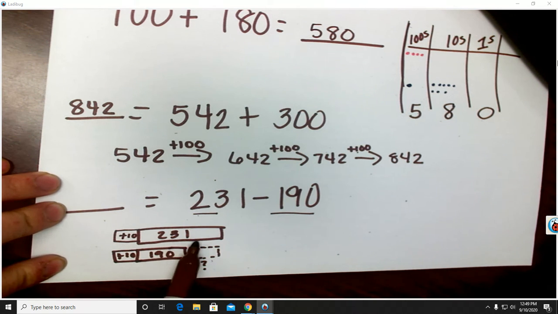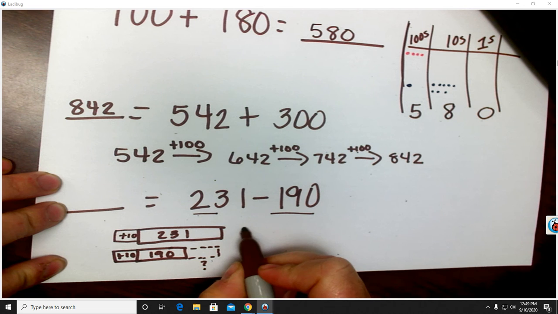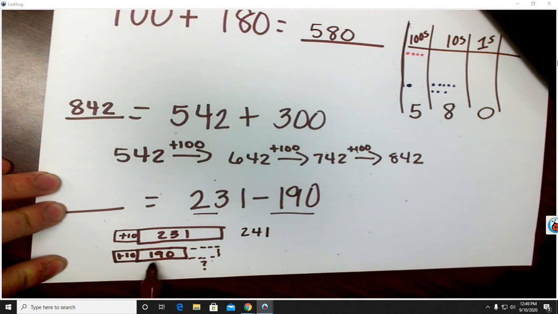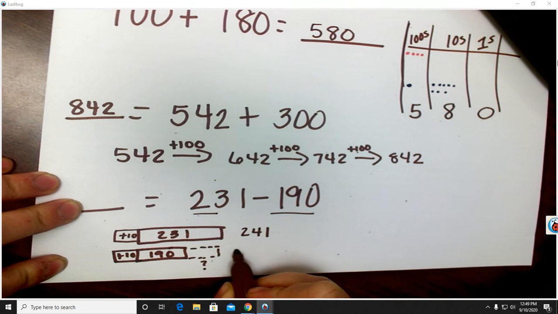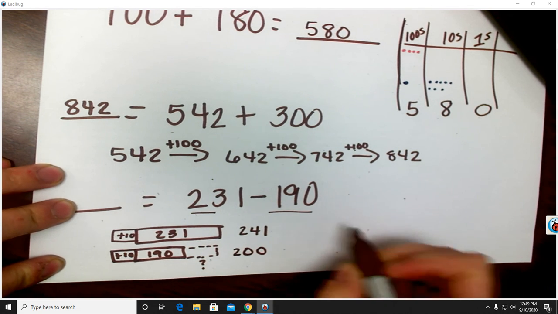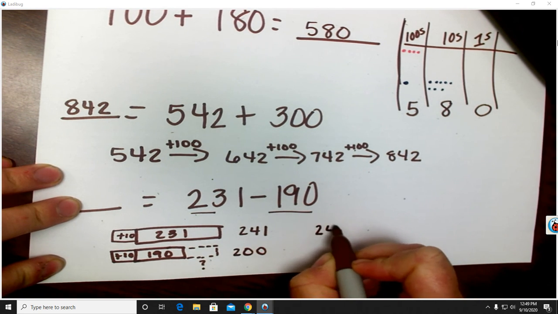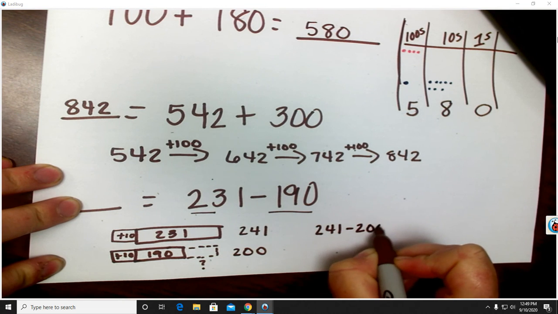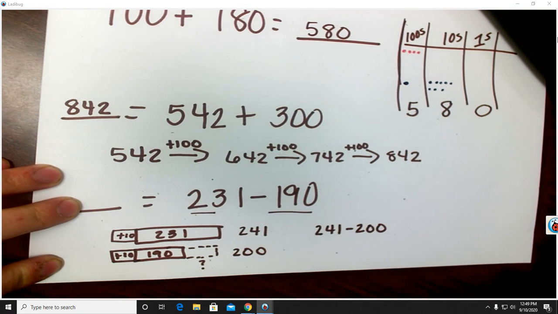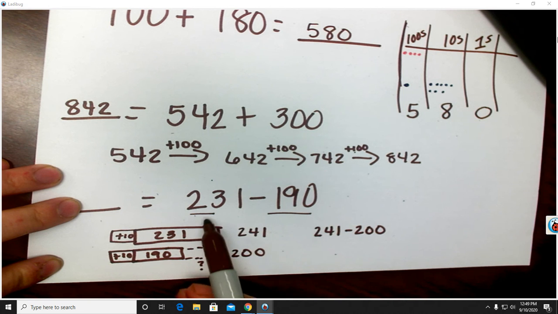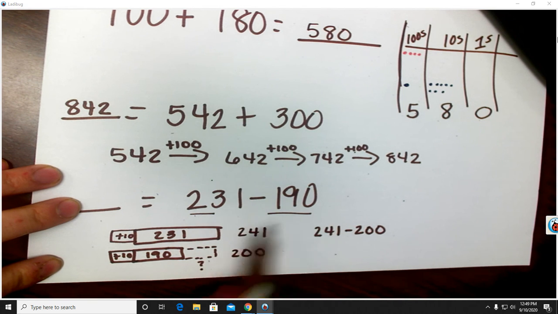I have 231 plus 10, which is 241, and I have 190 plus 10, which is 200. So now I have 241 subtract 200, which is a little easier than 231 subtract 190.